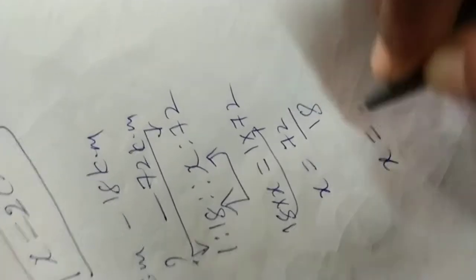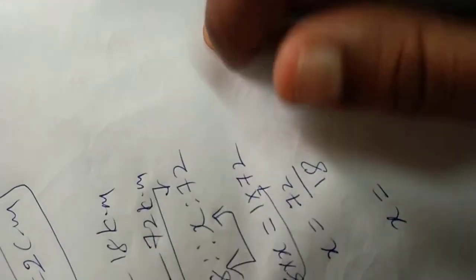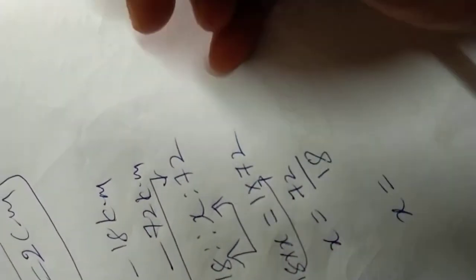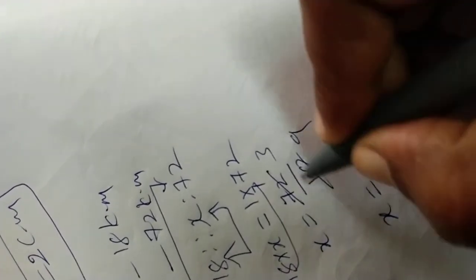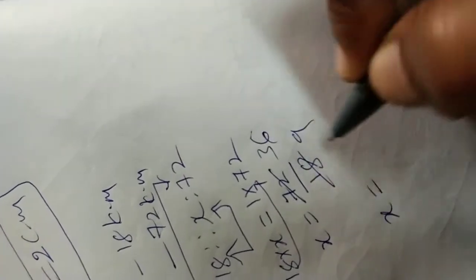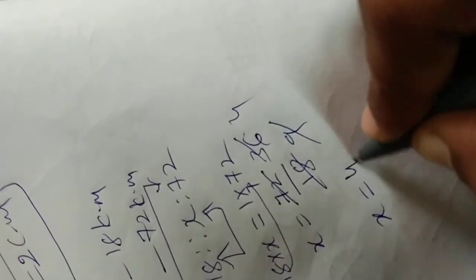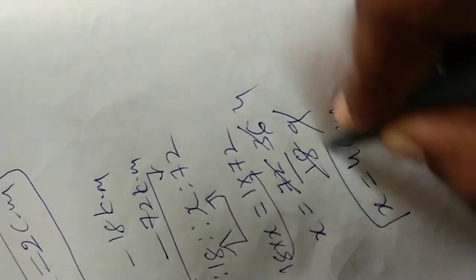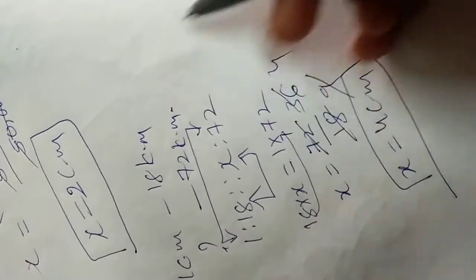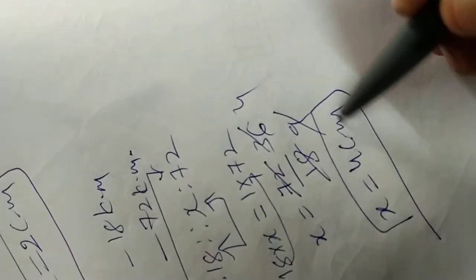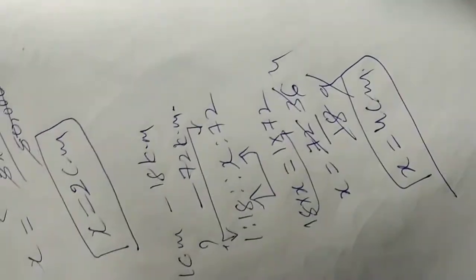Okay, x is equal to, now you can use the table: 2 9s are 18, 2 3s are 6, 2 6s are 12, 9 4s are 36, so 4 centimeters. If she drives 72 kilometers, on the map it will show 4 centimeters. That is the distance she covered.